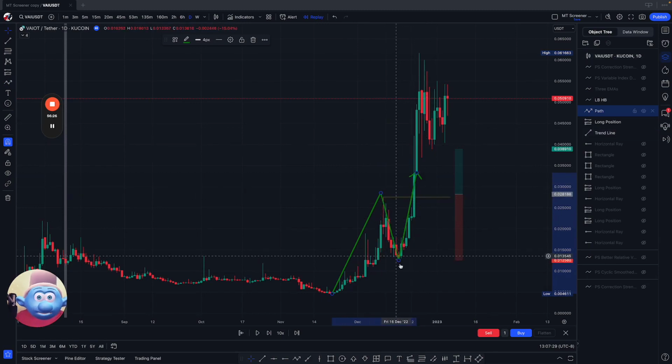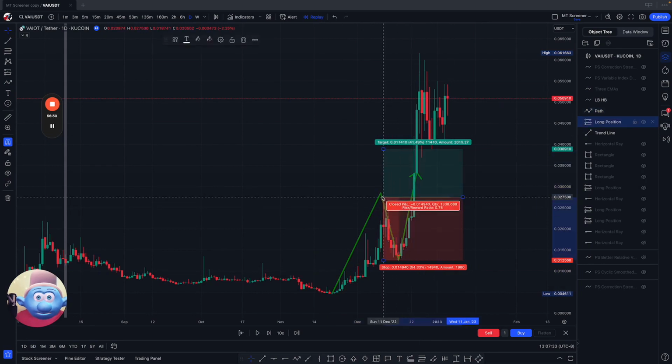So I'll have this low be my stop loss, because I know that if price closes below this level, then the market structure that it created there has now been lost, and it's no longer in bullish price structure. So I don't want to be holding this asset.